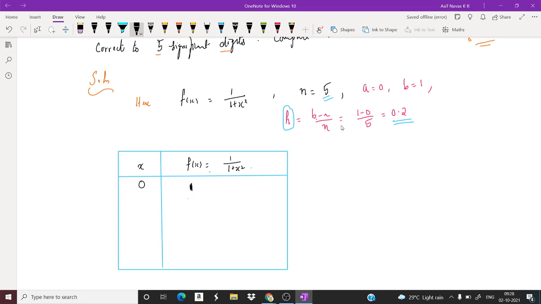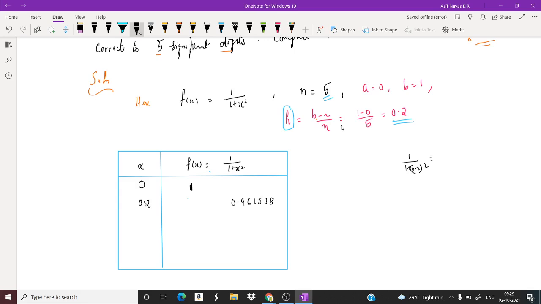And second value is 0 plus 0.2, so 0.2. And we have to calculate 1 by 1 plus 0.2 all square. So the value is 0.961538. So we have to take at least 6 digits.